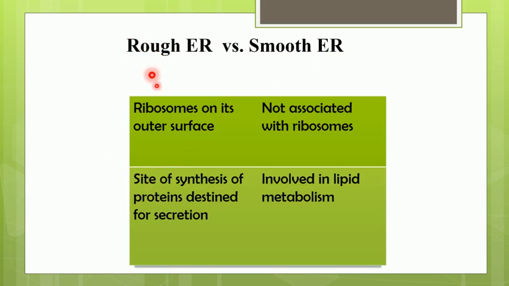Rough ER is the site of protein synthesis because ribosomes are present, whereas smooth ER is involved in lipid synthesis, or lipid metabolism. So you have to remember the difference: rough ER is involved in protein synthesis, whereas smooth ER is involved in lipid synthesis.